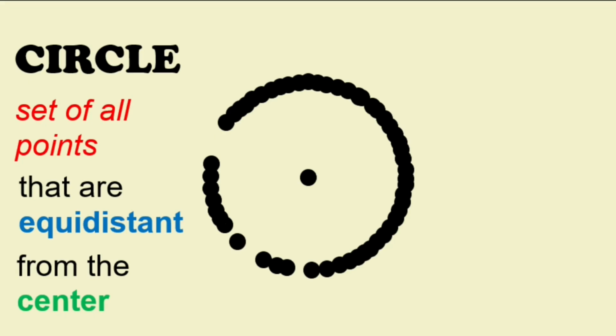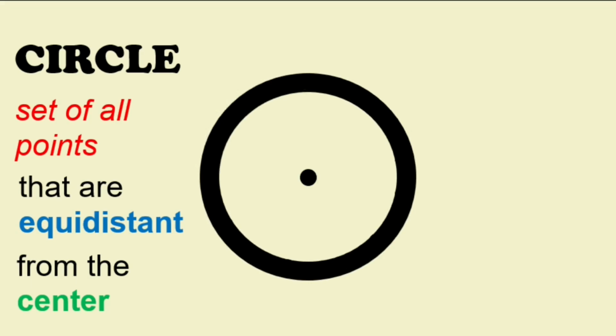You see what's happening? The more points we add, all with the same distance from the center, the more it looks like a circle. But we usually don't see it as a set of points because there are infinitely many of them, so they form a continuous circle.